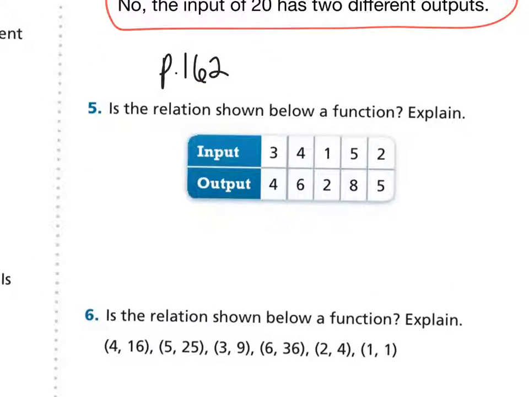Number 5, is this a function? So we can see, if you look at this, all the inputs are different, and so we're actually going to be okay here.